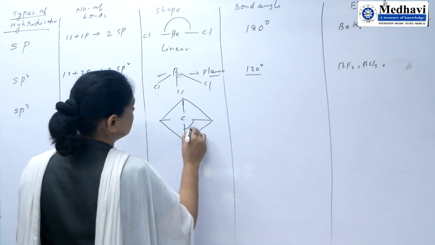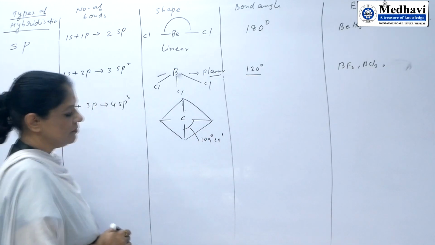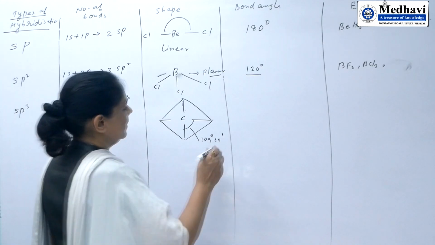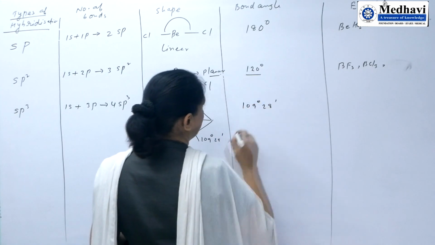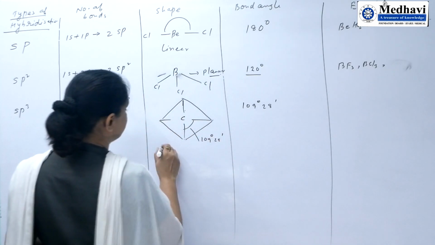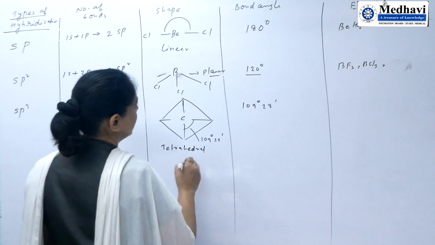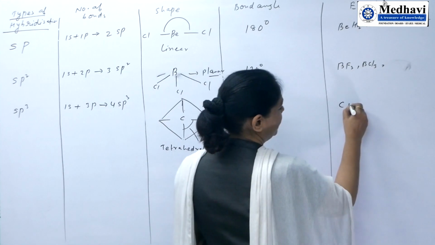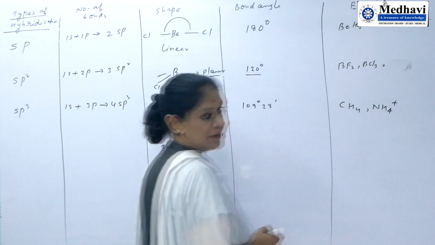Its bond angle is 109 degrees 28 minutes, and so you can write 109 degrees. Example, methane, NH4 plus, ammonium ion.